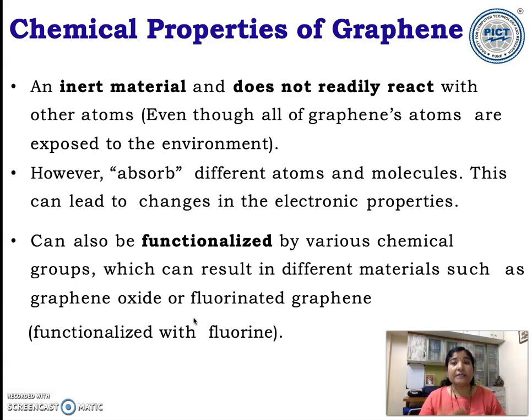So it can result in different materials, because it absorbs different atoms and molecules which can change its electronic properties. Functionalized graphene will have different properties which we can change and then utilize for a specific purpose. A few research papers are based on these chemical properties of graphene as well, on how we can alter its properties by attaching functional groups to graphene.